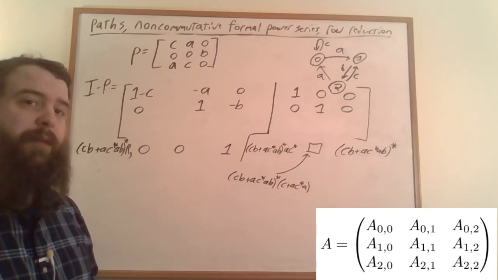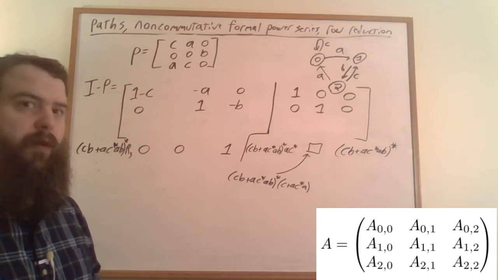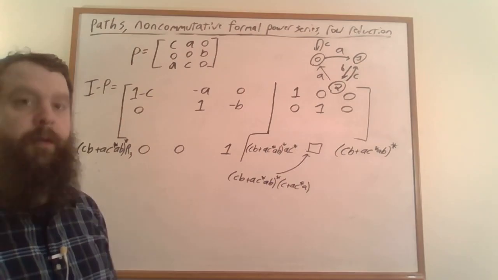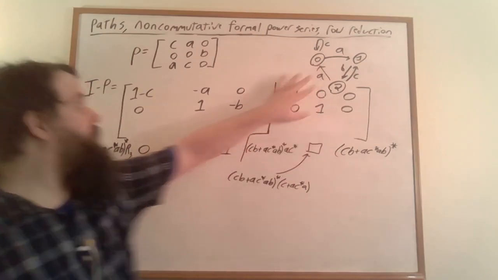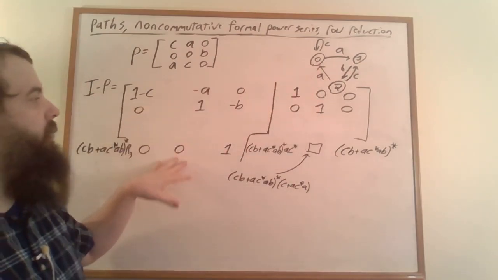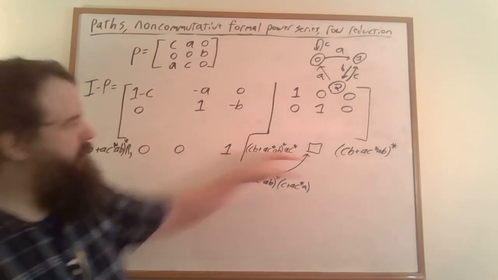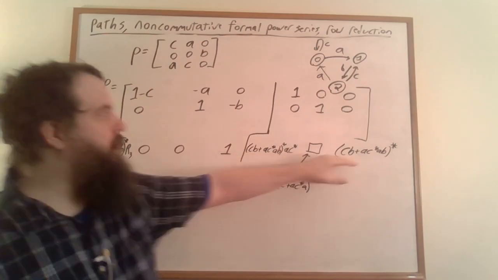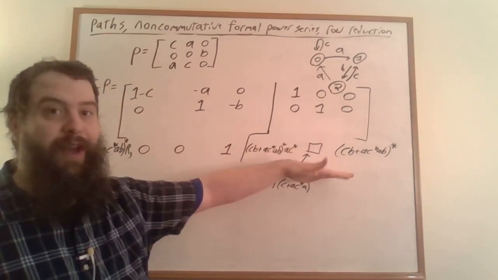You're going to wind up getting regular expressions that are more complicated than they have to be. And you can simplify them down using some various rules for simplifying regular expressions. Or you could just rename the vertices and do this process again to get a somewhat nice formula for the row corresponding to your new vertex 2.